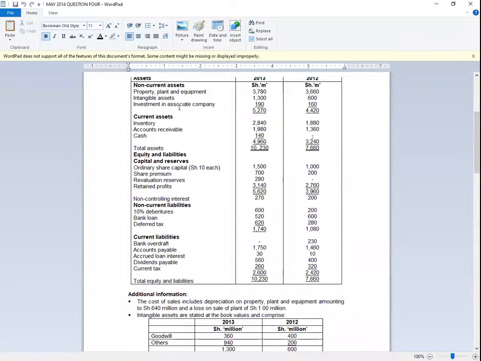Is there somebody who can calculate the dividend for me? The dividend from the associate. Nobody wants to talk to me.